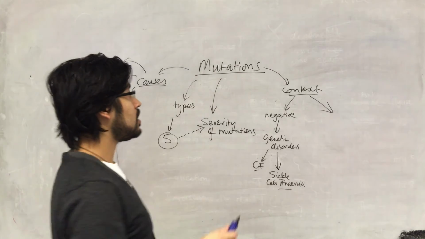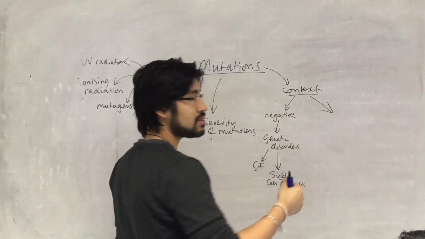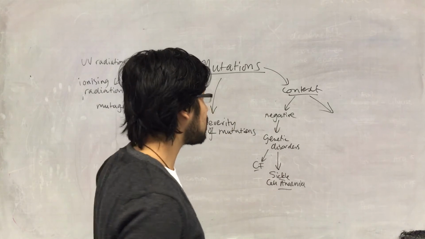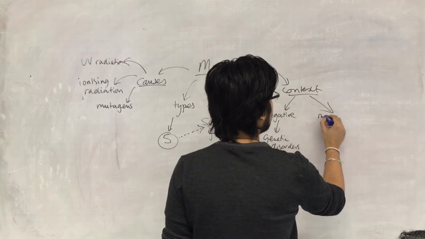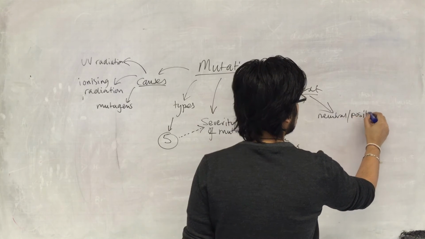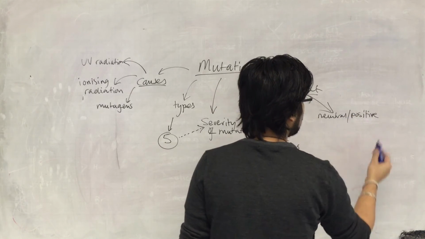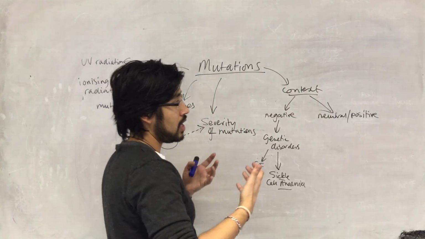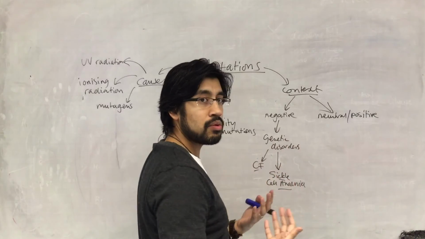But the other thing is that sometimes mutations can have not so negative effects. So here we need to talk about neutral or positive mutations. Yeah. Any changes can also be positive.